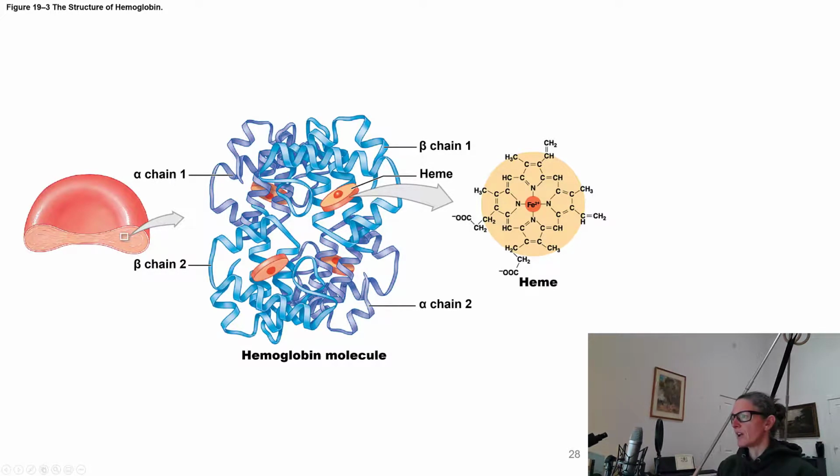But suffice it to say, you have this quaternary structure of hemoglobin that consists of two beta chains and two alpha chains that are identical to one another. So the alpha chains are identical, the beta chains are identical. And at the center of each of these independent proteins is this heme group. So we've got 4 heme groups per hemoglobin.